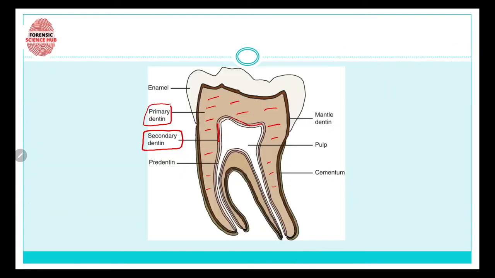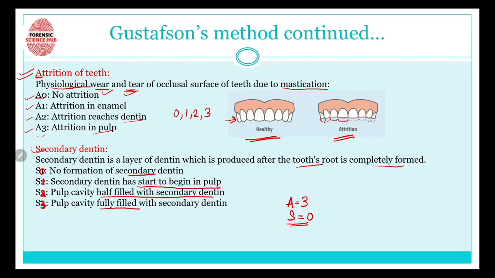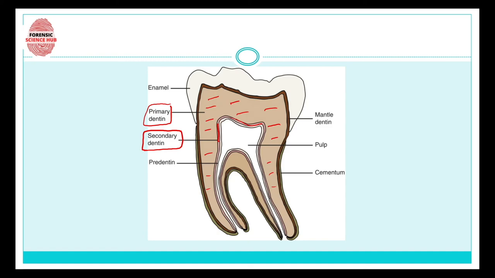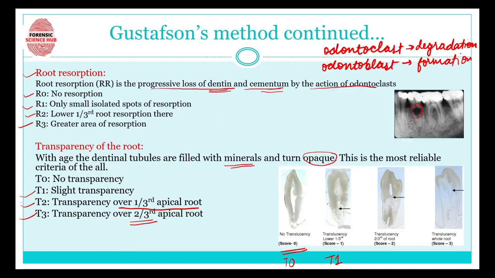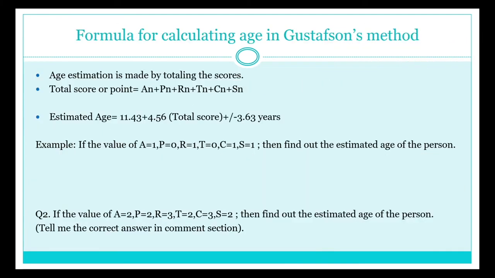So these are the 6 criteria that are used in the Gustafson's method: atresion, secondary dentine, periodontosis, cementum apposition, root resorption, and transparency of the root. Now let's see the formula that is used for calculating the age in Gustafson's method. So the age estimation can be done by totaling the scores.